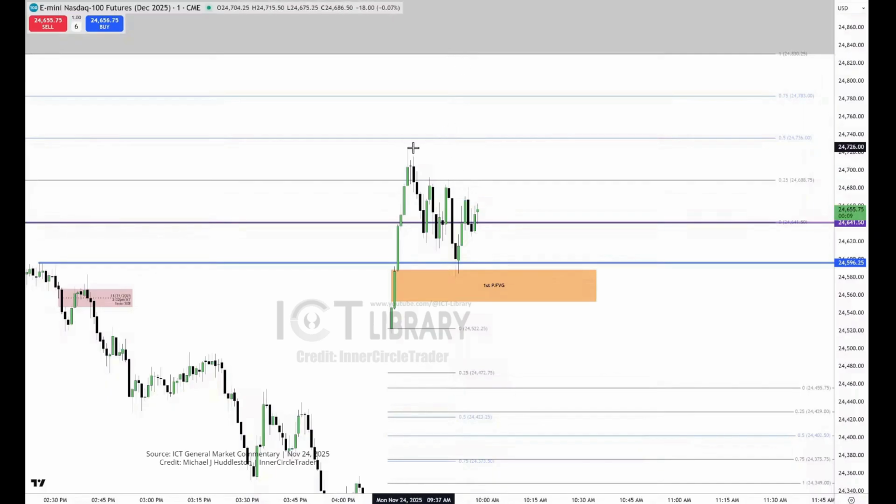If it were to go above this high here and falter and break lower, then chances are they're going to probably run for the sell side. And if it's going to do that, then we have to consider the upper quadrant consequent encroachment for the opening range gap. So it's an if-then clause, like for an algorithm.